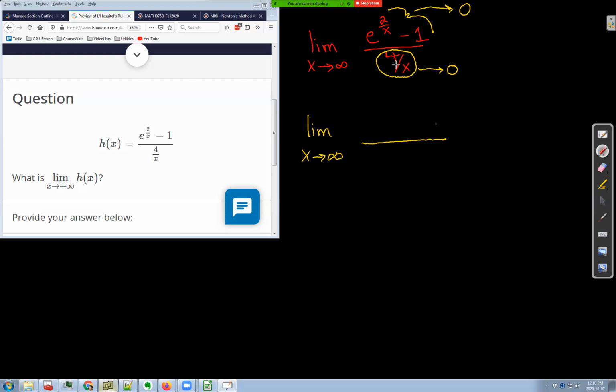Okay, I'm going to do the derivative of the bottom first because I think that's easier. The derivative of the bottom is going to be negative 4 over x squared. I kind of did that fast, but hopefully at this point in your life, you found the derivative of 1 over x enough times that you know that it's negative 1 over x squared.